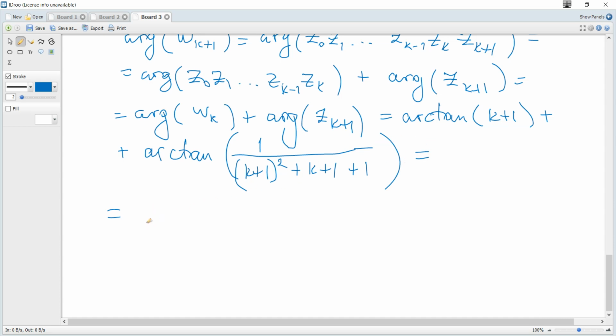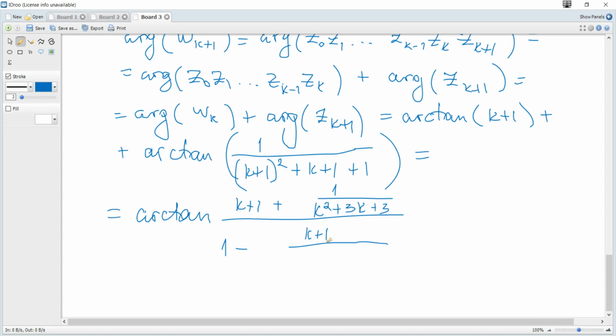Arctangent plus arctangent, it's arctangent of what? It's the sum, k plus 1 over, let's simplify it, so it becomes k squared plus 2k plus k, so plus 3k plus 1 plus 1, plus 1, so plus 3, divided by 1 minus the product of k plus 1 and 1 over this k squared plus 3k plus 3.